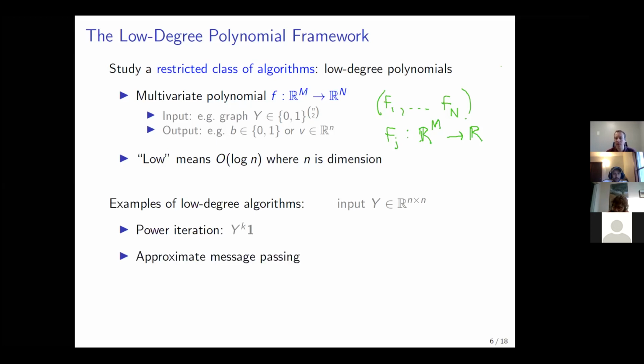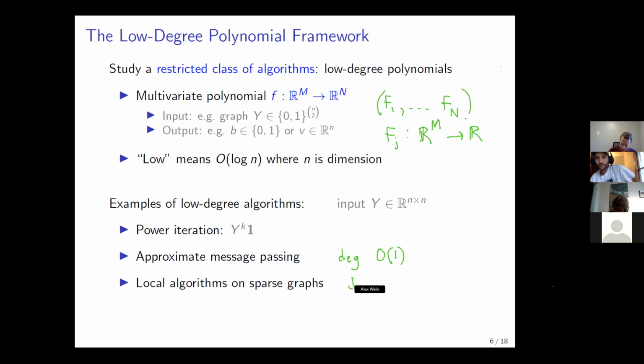These AMP algorithms that I talked about earlier are also low-degree polynomials. And in fact, they are constant degree, because typically you need a constant number of iterations of this AMP, and each iteration can be well approximated by a constant degree polynomial. And also these local algorithms on sparse graphs that I talked about before, if the radius that each vertex is allowed to look at is constant, then these also can be thought of as constant degree polynomials, or at least well approximated by constant degree polynomials.